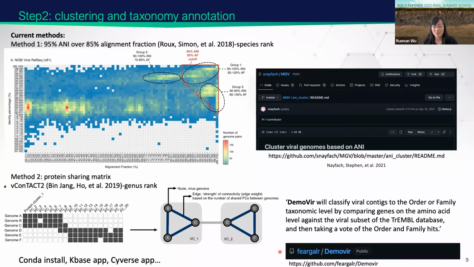I just recently have seen another tool called Demovir to classify viral contigs to order or family taxonomic level by comparing genes on the amino acid level against the viral subset of the TrEMBL database, taking a vote on the order or family hits.